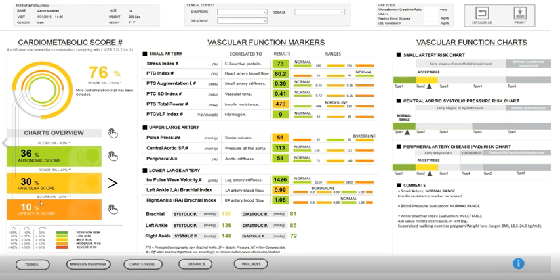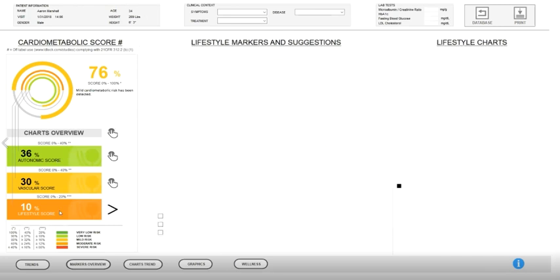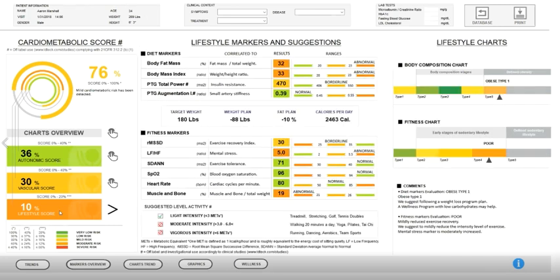And so an individual's lifestyle certainly affects their vascular function and affects their autonomic function, which of course can lead to disease. And so we evaluate lifestyle, and that has to do with their diet, and we're looking at their fat mass, and we're able to get that from the bioimpedance, from the electrodes on the foot.